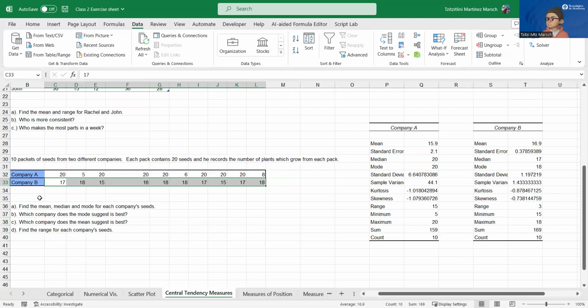None of these packets yield 100, which is also telling me something. There is always some faulty seed in all of company B's packets. But even though I do have packets that have less, they are yielding very consistently, just some not as much.